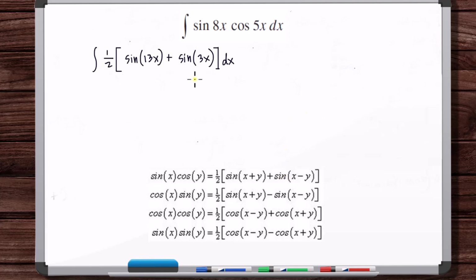And this is a good illustration of when it comes to integrals, up to this point a lot of times you want to go in the other direction. You would rather have a form like this. This is cleaner, right? This is messier. But when it comes to integrals, having a sine of 13x or a sine of 3x is easy to work with. Okay, so we've got 1/2.